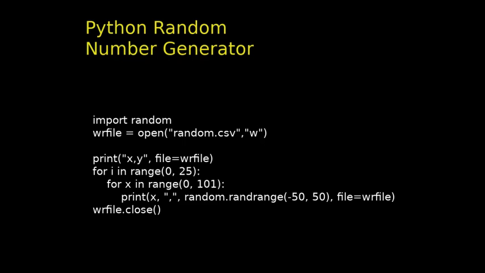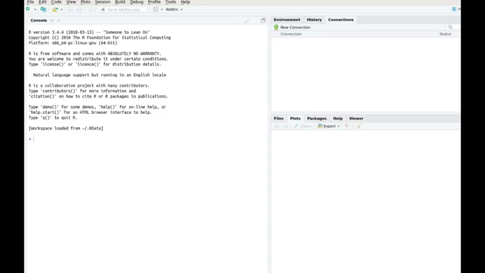It writes to a file called random.csv, and it runs 25 times from a range from 0 to 100 for x, and a random range of -50 to +50. Once it's done, it closes the file. Okay, let's begin with the randomness.